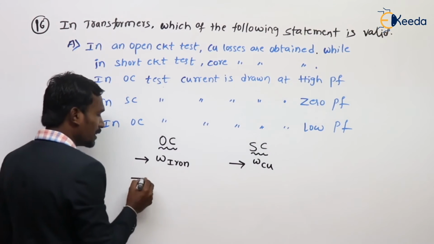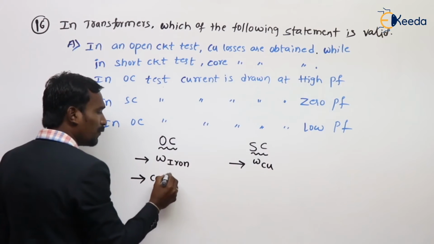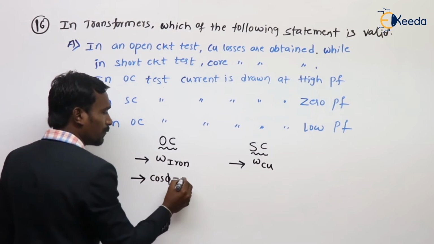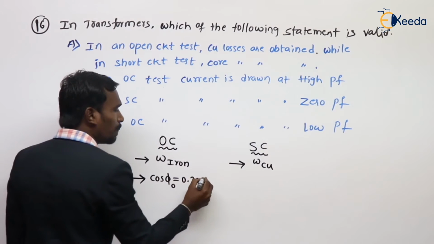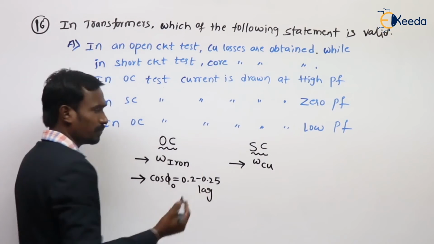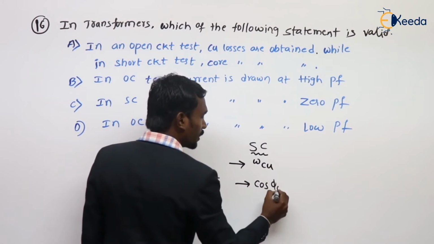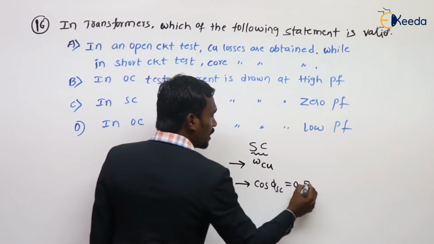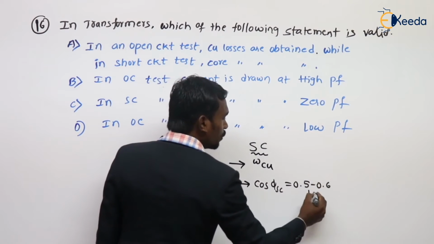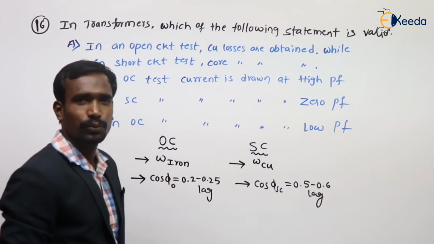And generally, in the OC test, the no load power factor is around 0.2 to 0.25 lagging. But in the SC test, at short circuit condition, the power factor is around 0.5 to 0.6 lagging. I already told you.